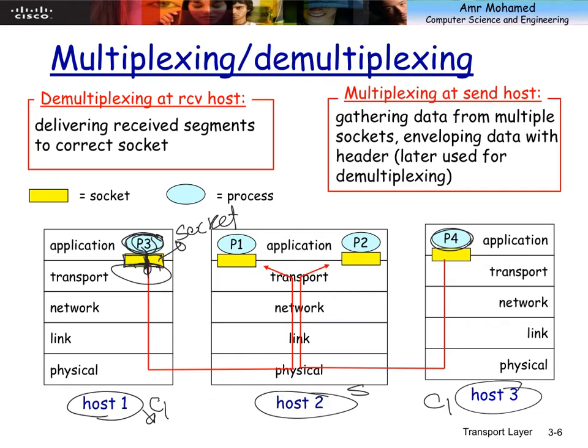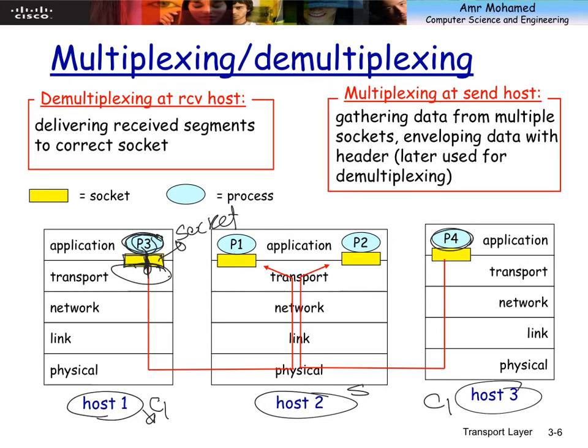For example, how flow control is performed, how congestion control is performed. The socket does not give you any access to this. This is pure functionality inside the transport layer, which the application does not have access to.